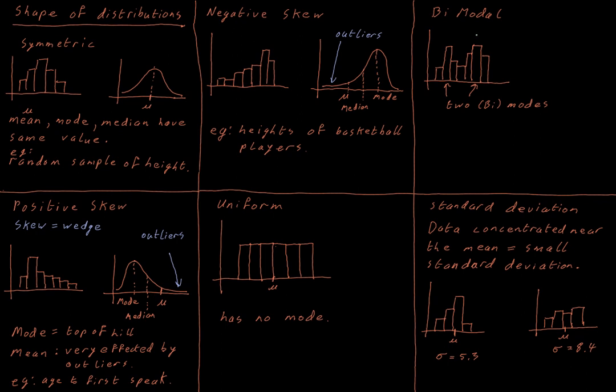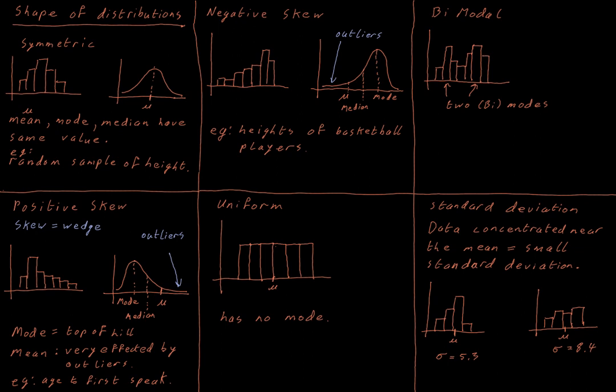In contrast to our symmetric situation, or to any of the other situations, we could have bimodal data, or technically multimodal data. So if there are obvious bars that are roughly the same height, then we would say that we had more than one mode.